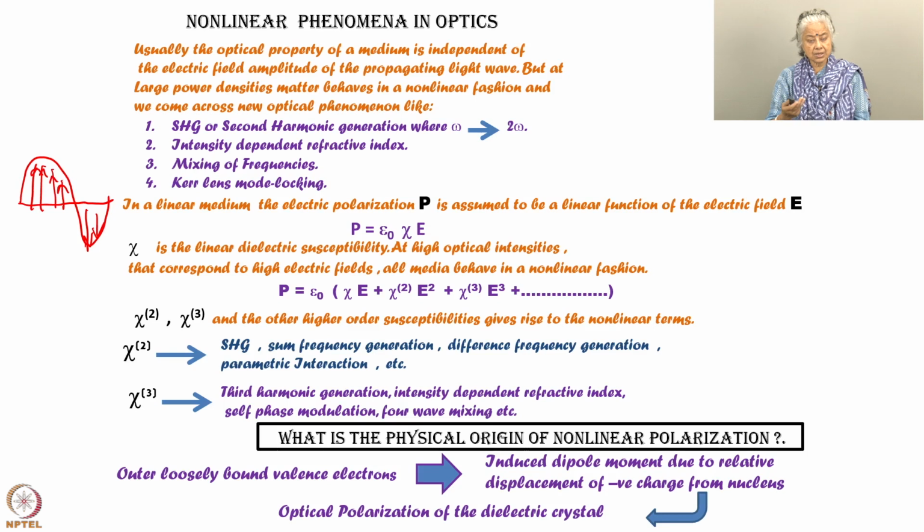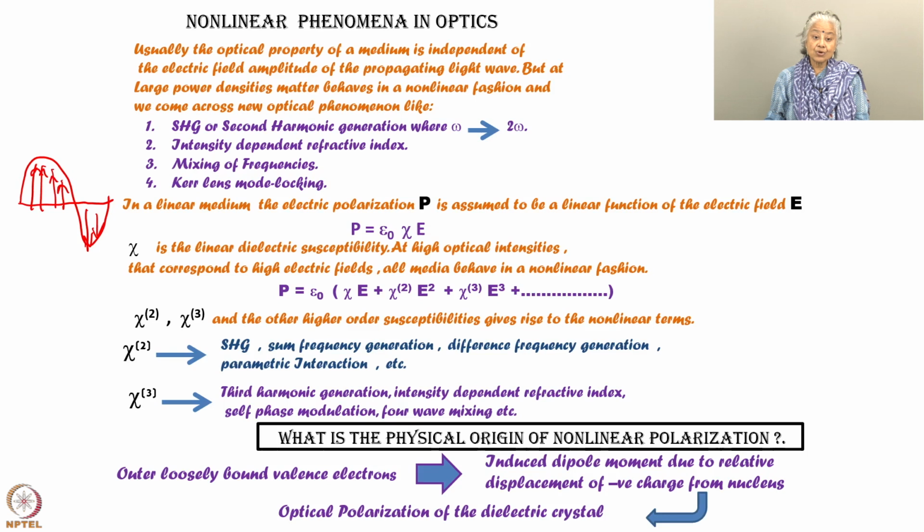The usual laws of Snell's law, etc., will apply, which are all linear optics. But the moment the intensity of that light is high, all those laws can be thrown out into the wind. Okay. You have to understand the behavior in a different way, and new laws have to be formulated.